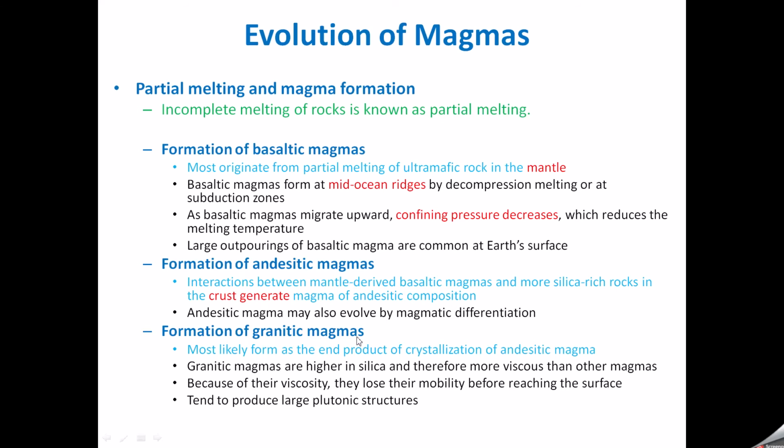Now, a granitic magma most likely forms as the end product of crystallization of andesitic magma.